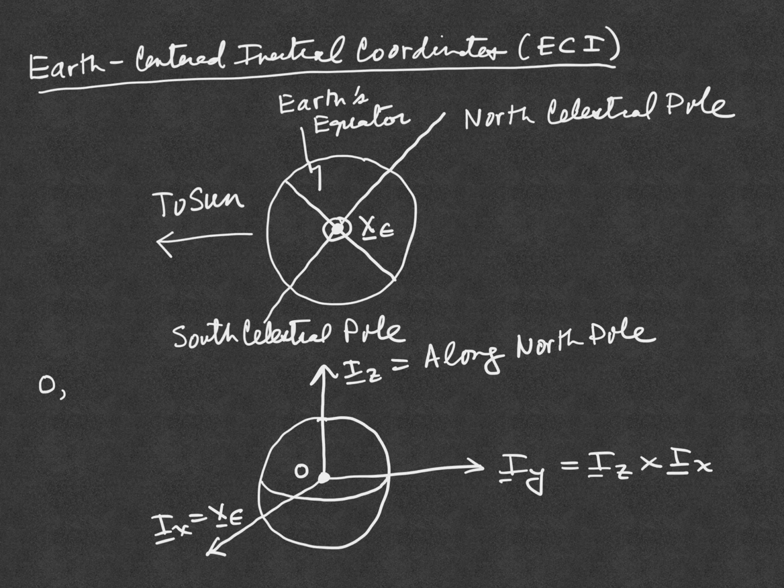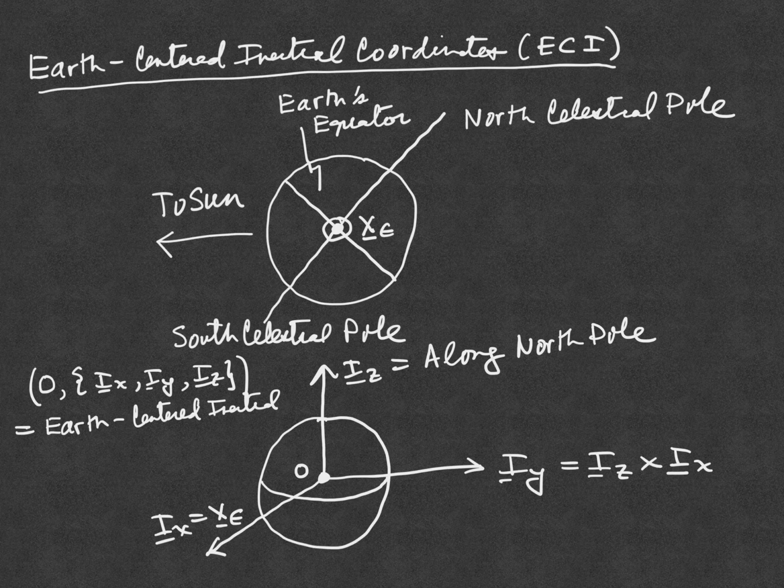So O, together with the basis Ix, Iy, and Iz, these are what are called Earth-centered inertial. And it's important to understand it's not just Earth-centered inertial, but they're Cartesian coordinates.